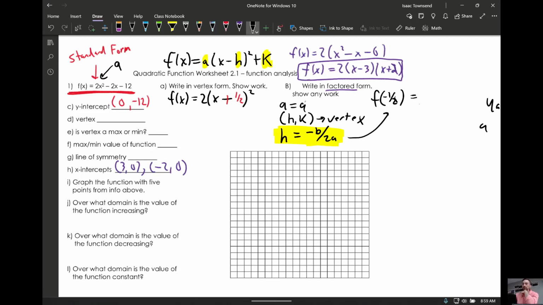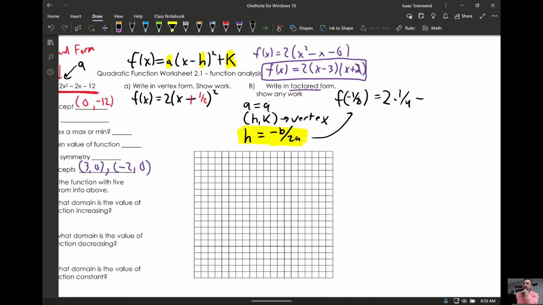So for this one, this would be 2 times negative 1/2 squared, which would be 1/4, minus 2 times negative 1/2, and then minus 12.